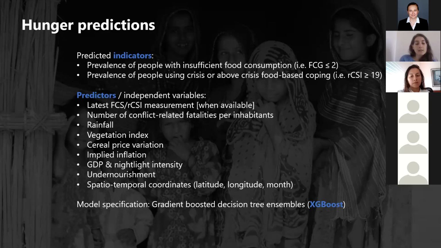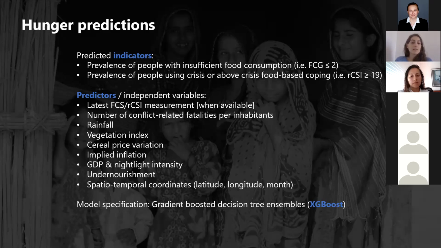We look at cereal price variation as data collected by WFP itself in markets around the world. Then in terms of economics, we look at how inflation changes. We look at the nightlight intensity as a proxy for poverty and combine it with GDP. Then we also take into account the latest undernourishment estimate and some spatial-temporal coordinates like latitude, longitude, and month.